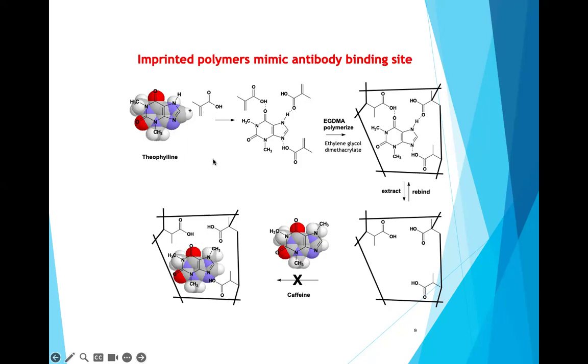We will discuss later on how to choose the right monomer. This is very important: the process of choosing or predicting the right monomer. You can do the chemistry, meaning you can study the chemistry between the template and the monomer and try to predict the interactions.